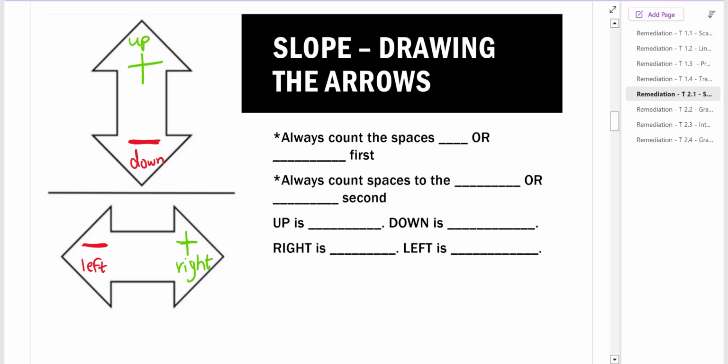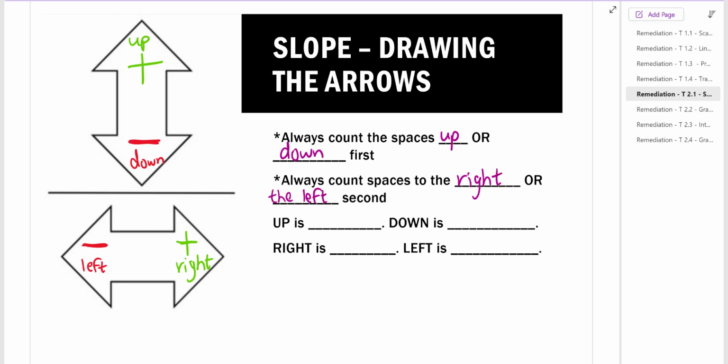So again, you always need to count the spaces up or down first. Siempre está arriba primero or está abajo. Okay, and then second, always count the spaces to the right or the left. That's second.